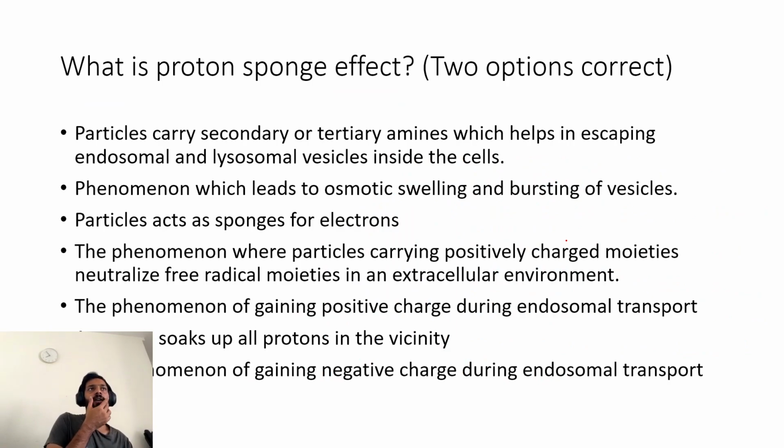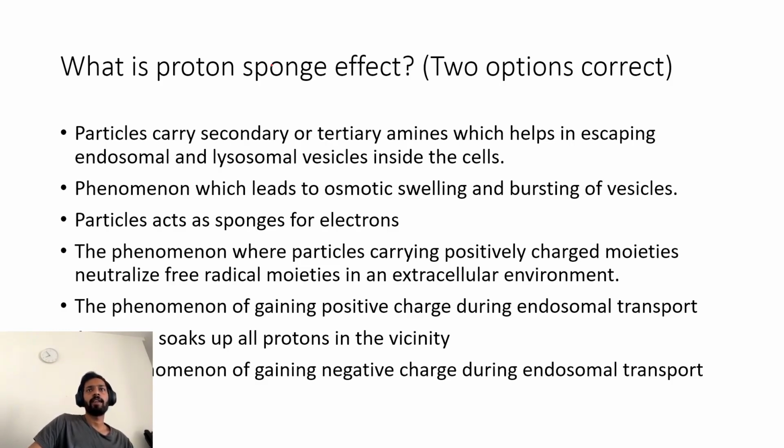With that, we'll go back to the question. So what is proton sponge effect? Is it particles carrying secondary or tertiary amines which help in escaping endosomal and lysosomal vesicles inside the cell? Is it the phenomenon which leads to osmotic swelling and bursting of the vesicles? Are they particles that act as sponges for electrons?